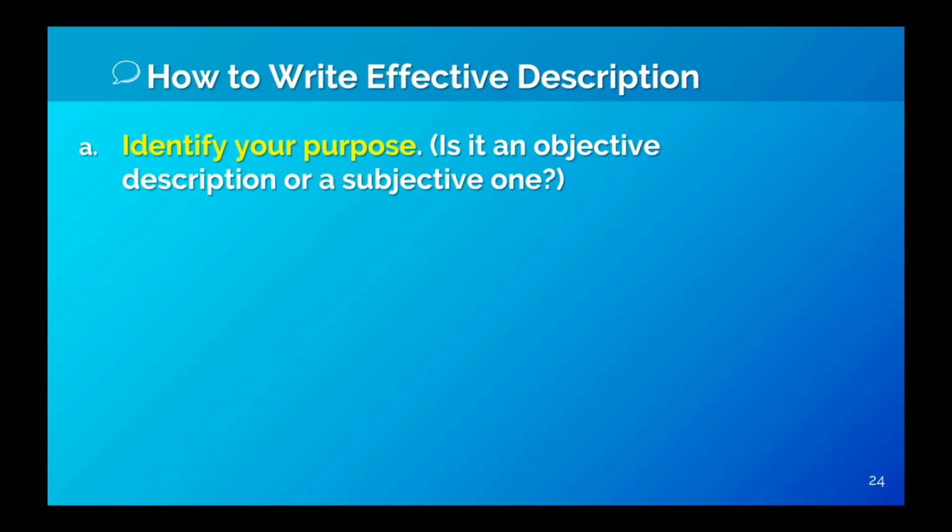Okay? Or you want to describe your mother subjectively, meaning based on your perception of her, based on your impression of her. Like she's a loving mother, she's an imperfect mother, but the right mother for you, or things like that.